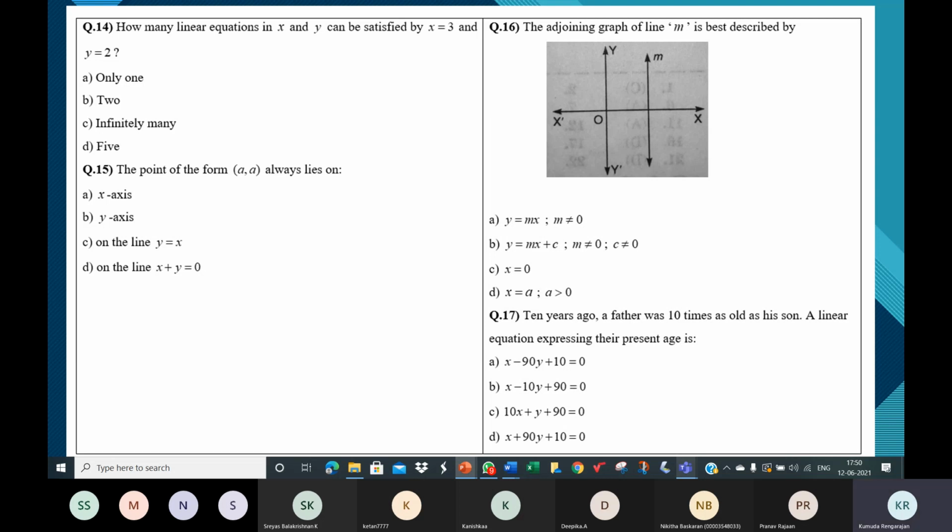So if you take the son's present age as X years and the father's present age as Y years, X minus 10 is the son's age 10 years ago, and Y minus 10 is the father's age 10 years ago. According to the condition, father's age 10 years ago was 10 times the age of the son 10 years ago, which means Y minus 10 is equal to 10 into X minus 10.